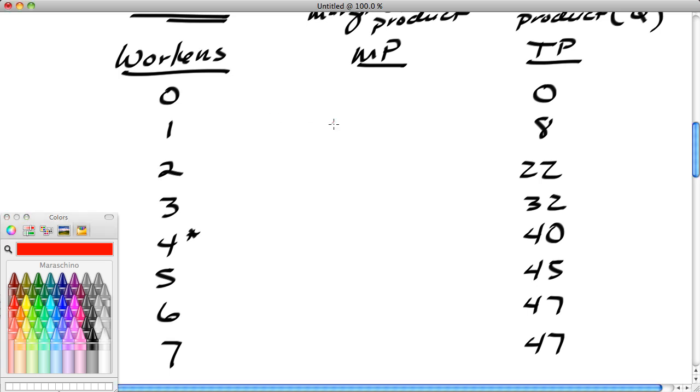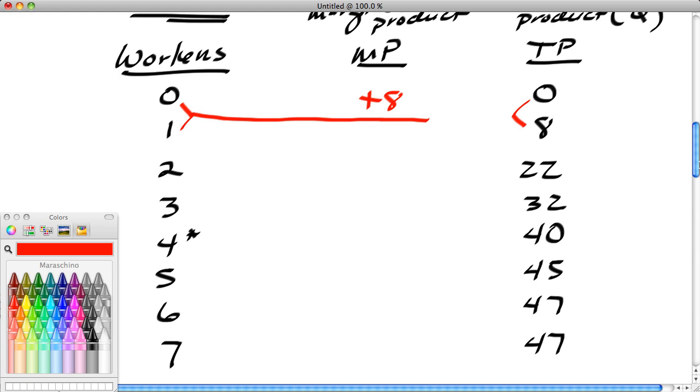Now, let's go ahead and plug our numbers in. If we go from 0 workers to 1 worker, what does our product increase by? Our product increases by 8. So our marginal product is 8. Notice I'm changing workers by 1, so this is going to be a very easy calculation.